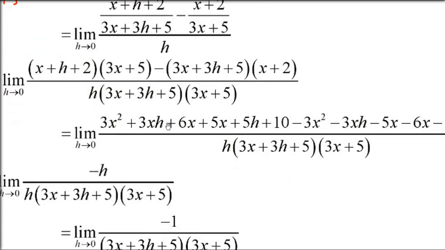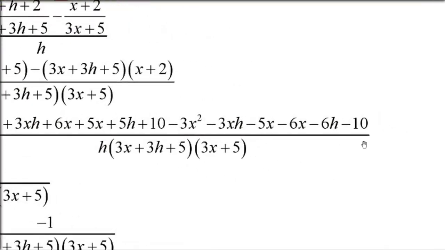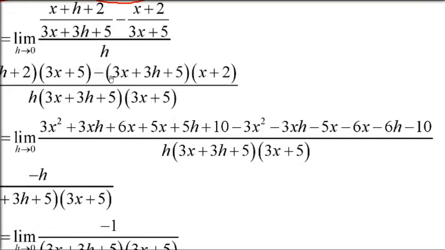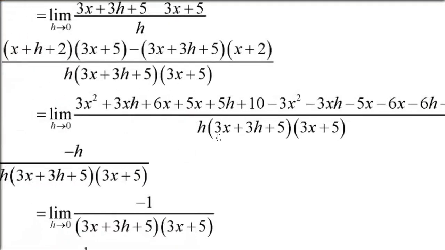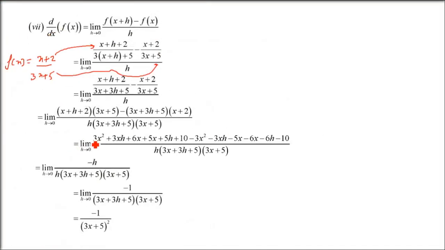So just multiply this, multiply this, and see whatever is cancelling, and what you will see is everything gets cancelled except 5h minus 6h. Only the h term will be there, otherwise all other terms get cancelled. I'm just pointing, 10 gets cancelled, and 5h and minus 6h will only give you minus h.